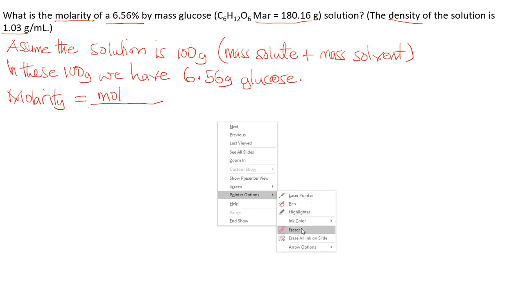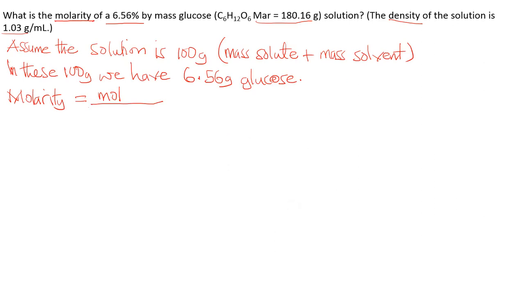The molarity of a solution is given by moles per liter, so moles of solute per liter of solution.